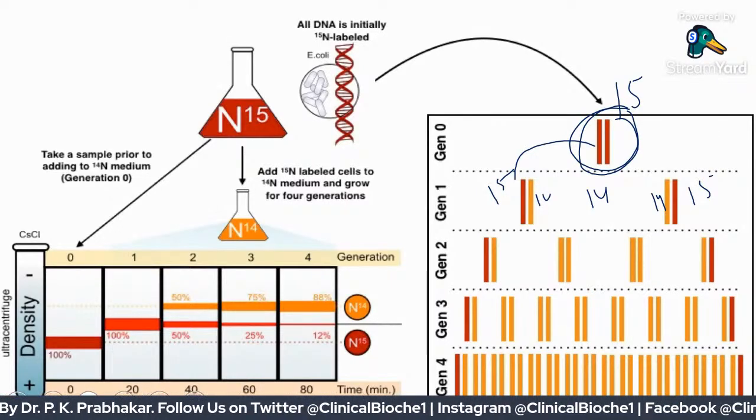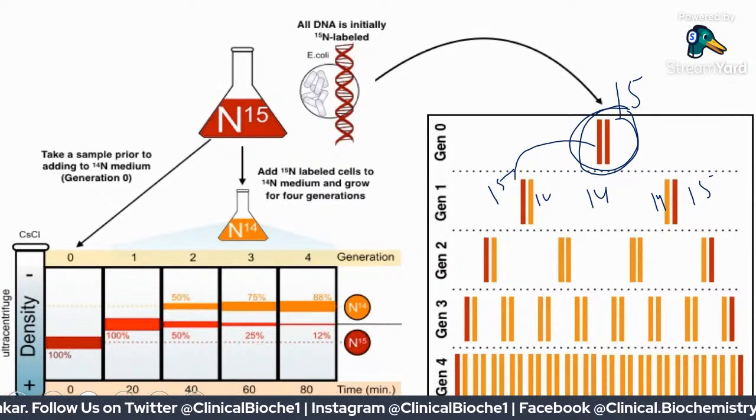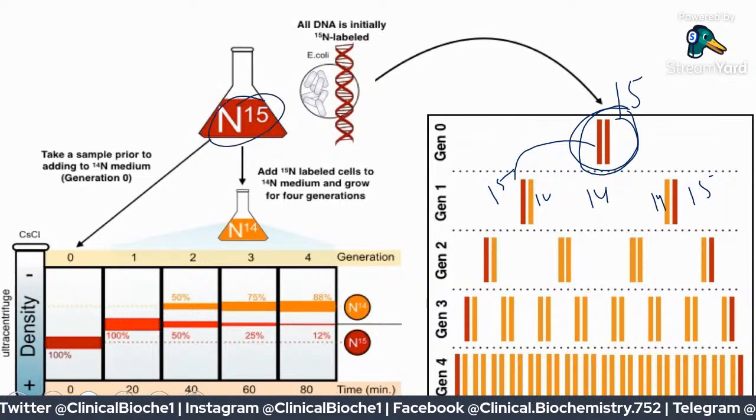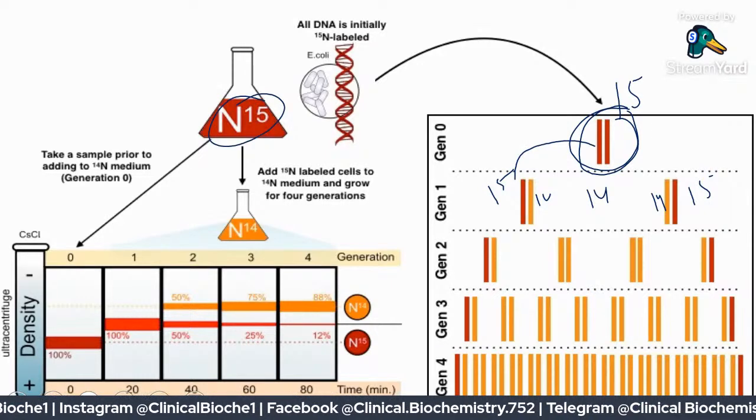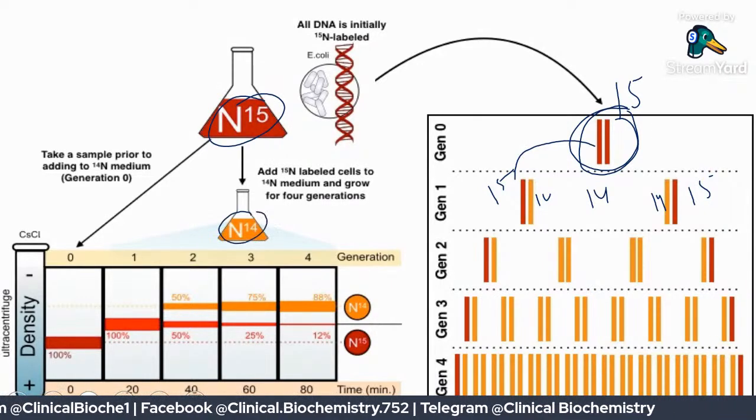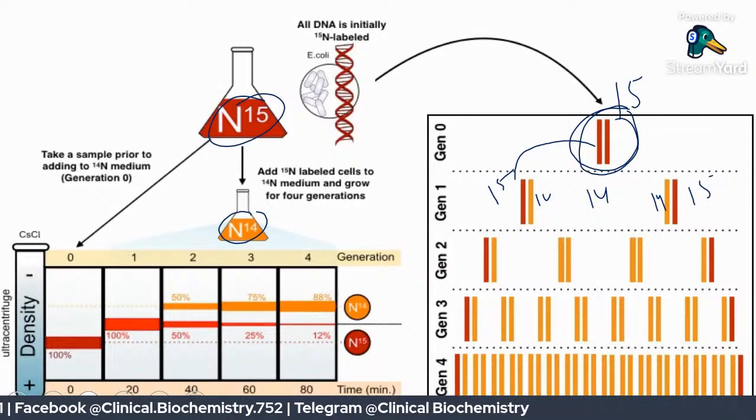We have two types of nitrogen in the culture. N15 nitrogen is one kind of isotope, and the second one is N14, which is another isotope, the lighter one.